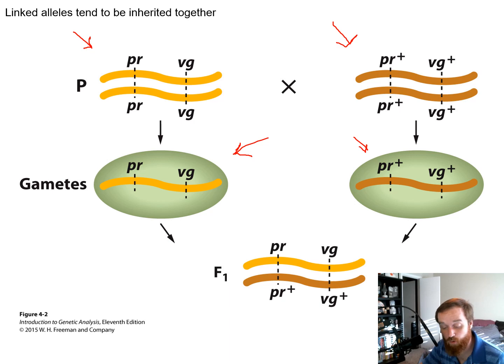And then the F1, the first filial generation, has one of the gold parental type chromosomes and one of the brown parental type chromosomes. So pr+ and vg+ are inherited together, and pr and vg are inherited together because they're physically attached to one another. So they're not going to get mixed up at this point.